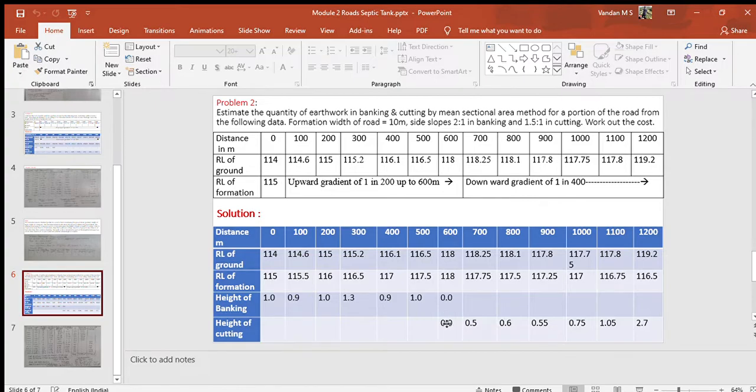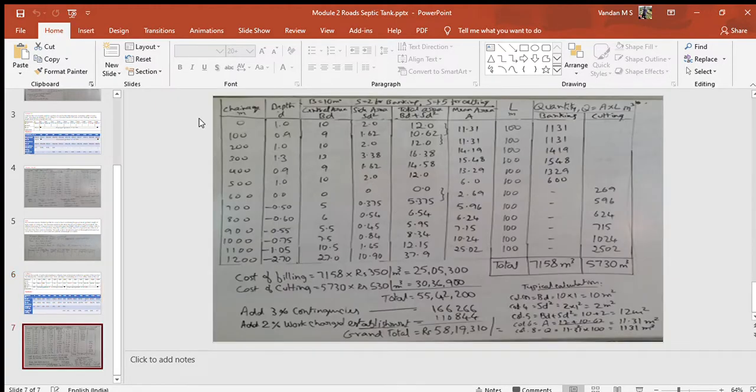For the given data, it is observed that up to 600 meter chainage, the formation is in banking, and after 600 meter chainage, it is in cutting. Go to the next table.